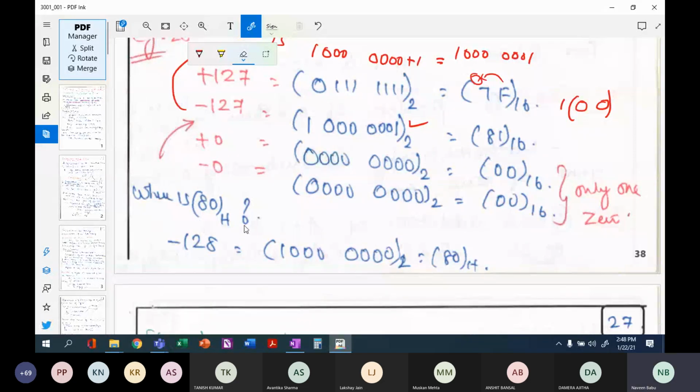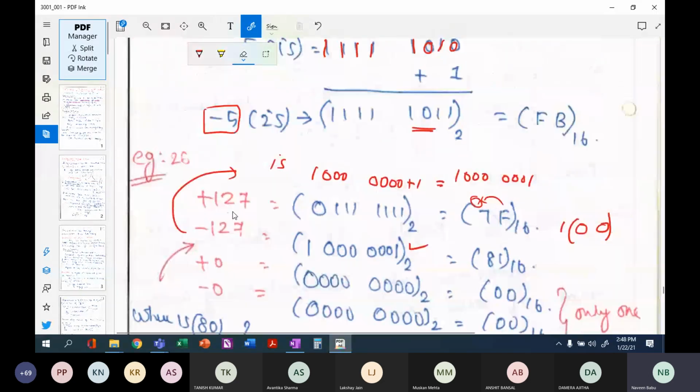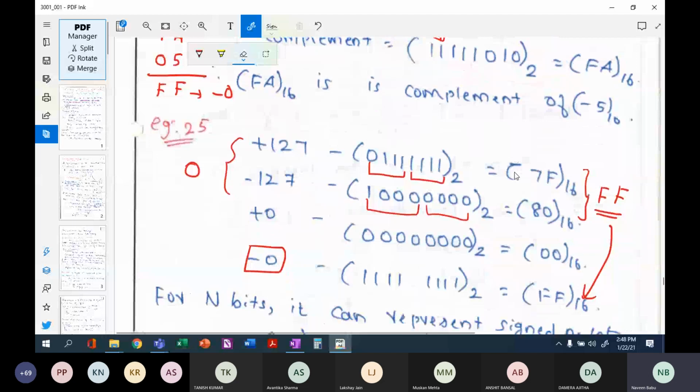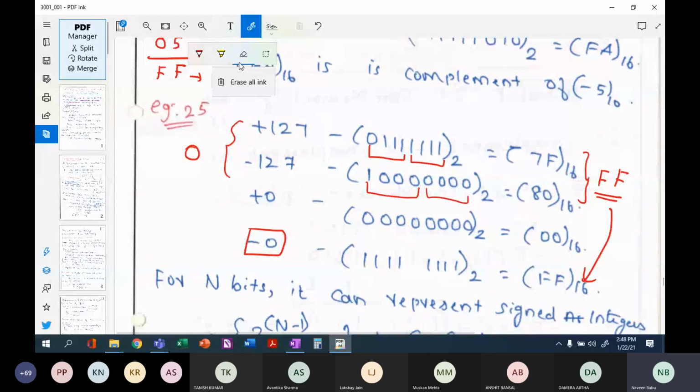Now in the previous case, we had 80 getting represented as minus 127, right? In the 1's complement form, minus 127 is represented as 80H.